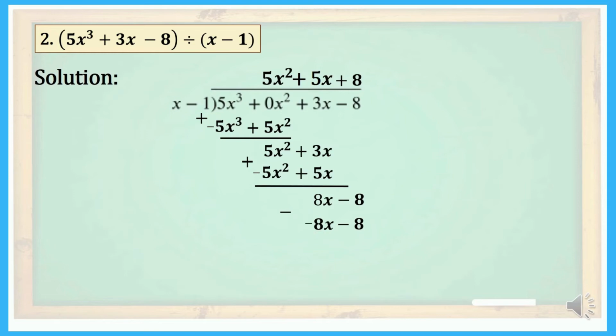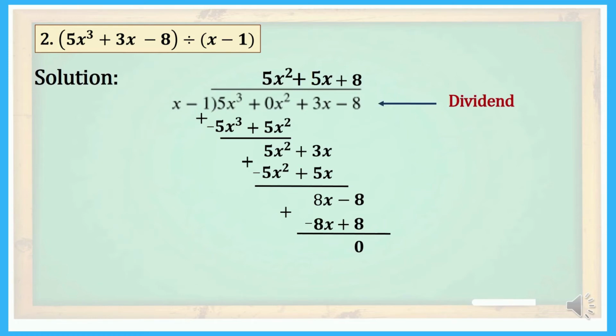So positive 8x will become negative 8x, and negative 8 will become positive 8. Then proceed to addition. Then do the process of addition. So 8x plus negative 8x is 0, and negative 8 plus positive 8 is 0. So therefore, the remainder again is 0, just like in example number 1.